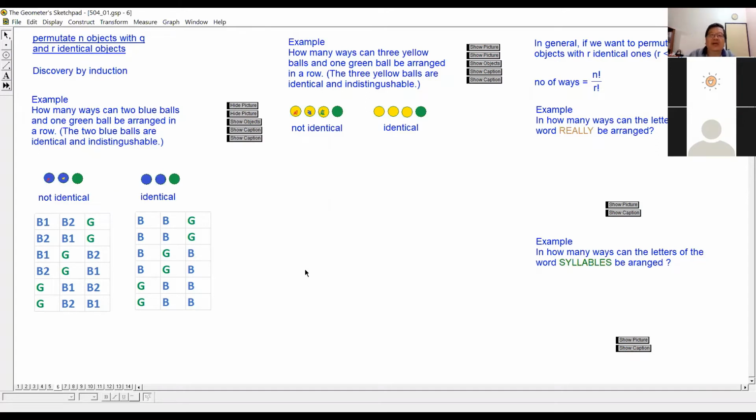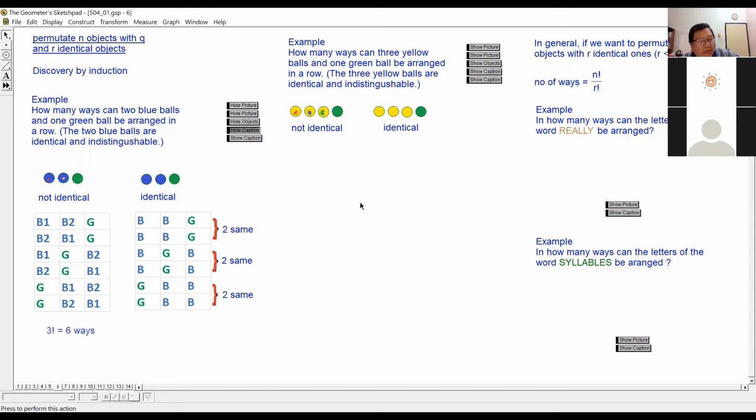So how to solve this problem? How to count the number of ways when they are identical objects? Definitely, if they are identical, we will have fewer ways. These two are the same. These two are the same. These two are the same, right?